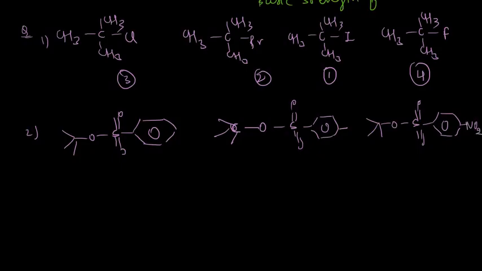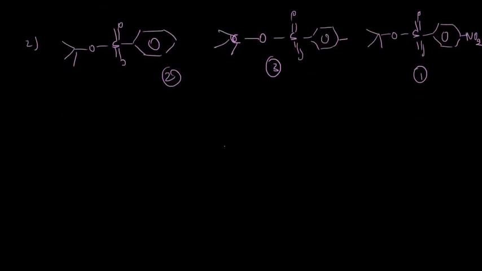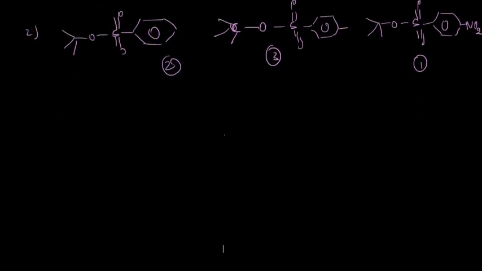So NO2 has 1, then 2, then 3, because the minus I tendency increases the acidic strength. Minus I increases the acidic strength, and the greater the acidic strength, the better the leaving group.